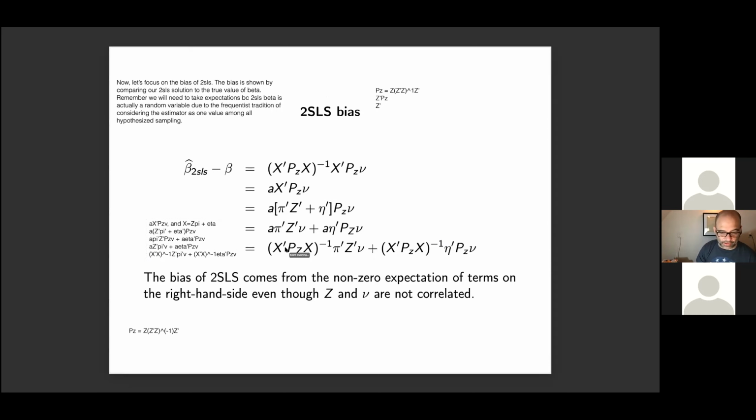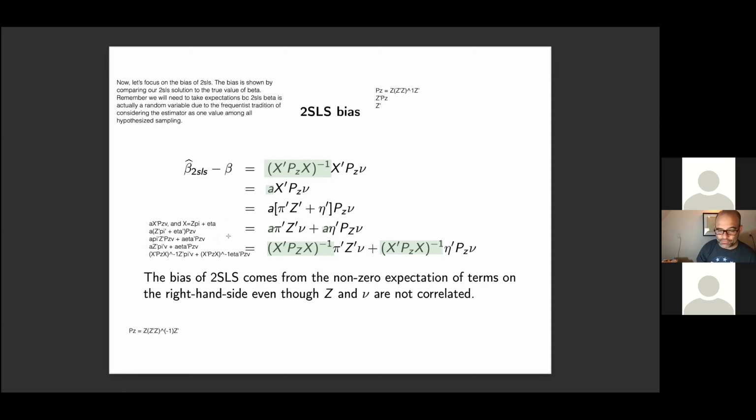It's got a PZ in here, you can see right there, PZ. So I just remembered what that had been and plugged it back in, and so I get the same thing.